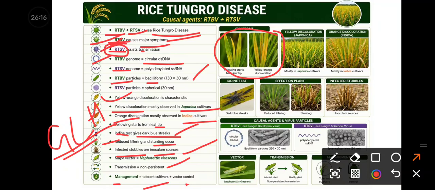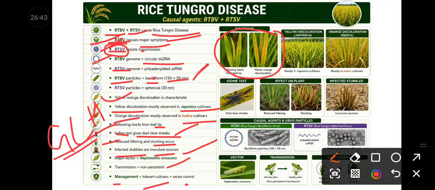So about the rice Tungro disease, the most important point is it is caused by two different viruses. Rice Tungro bacilliform virus, which has double stranded DNA, bacilliform shape, and its size is 130 into 30 nm.